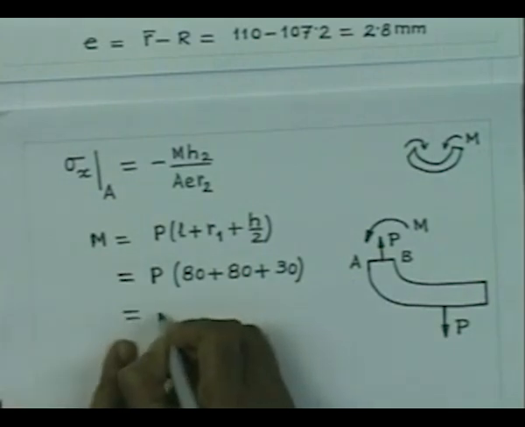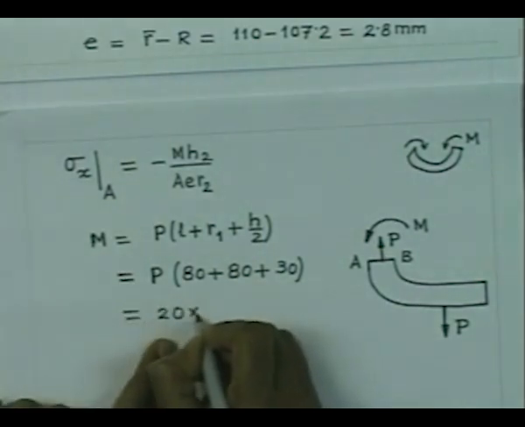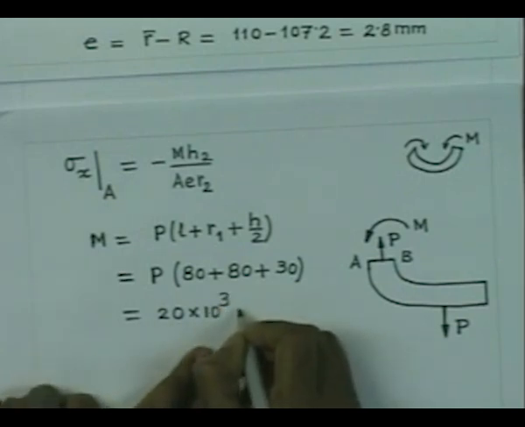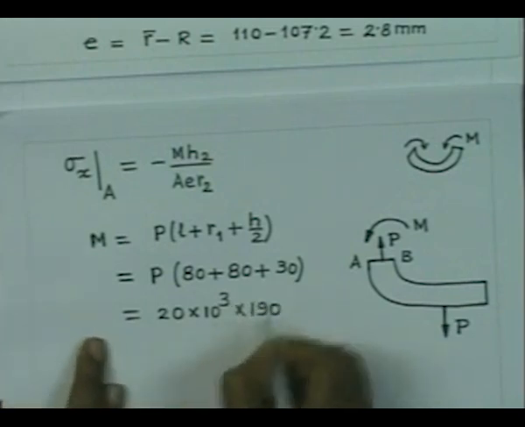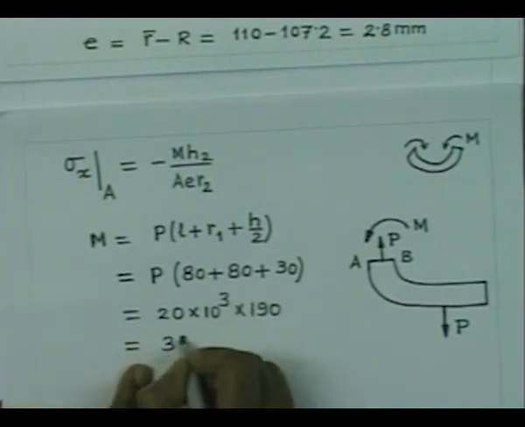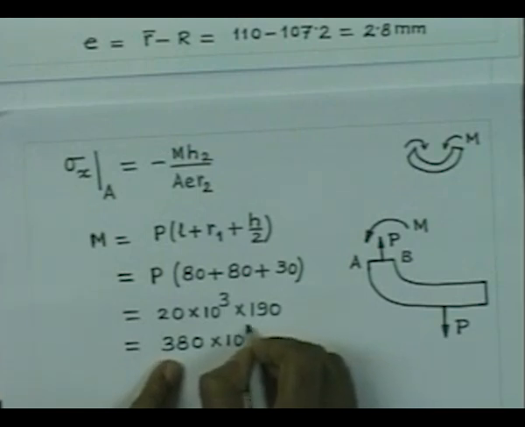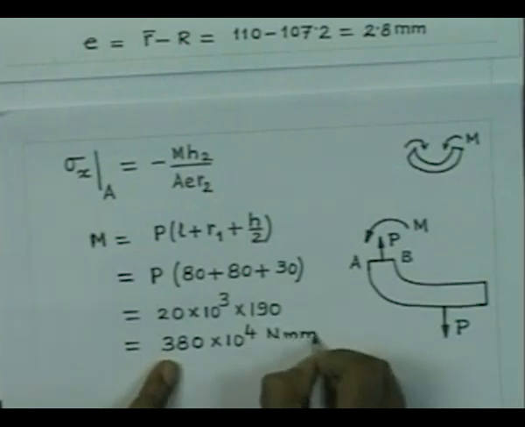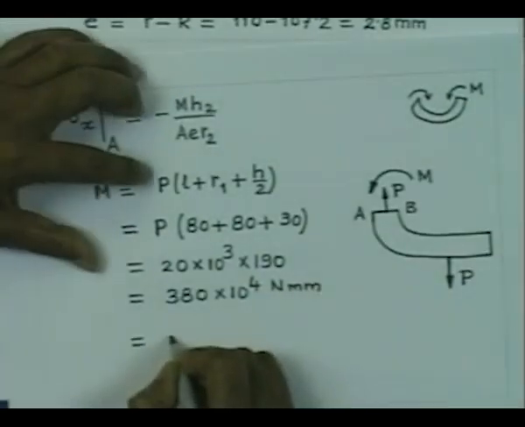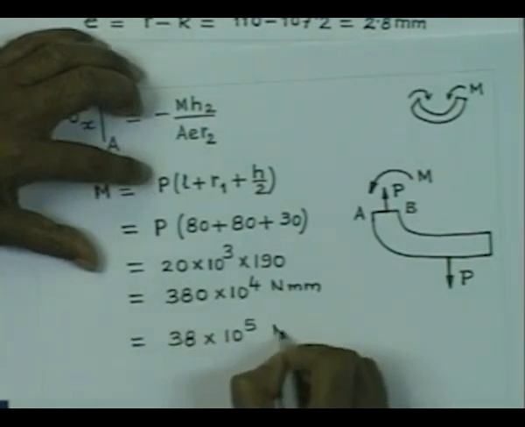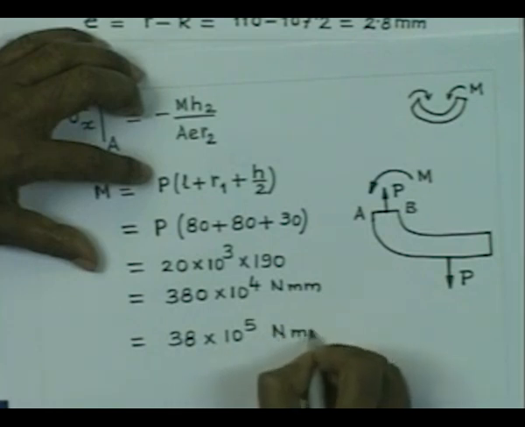So, it is 20 into 3 into 190, which is 380 into 10 to the power 4 Newton millimeter, the same thing as 38 into 10 to the power 5 Newton millimeter.